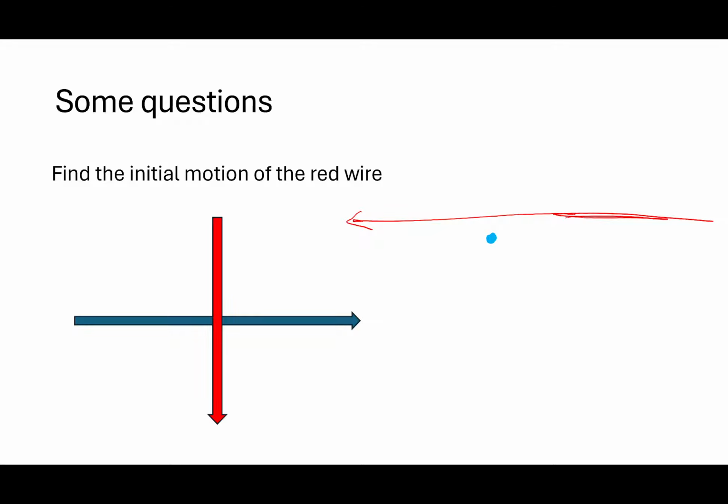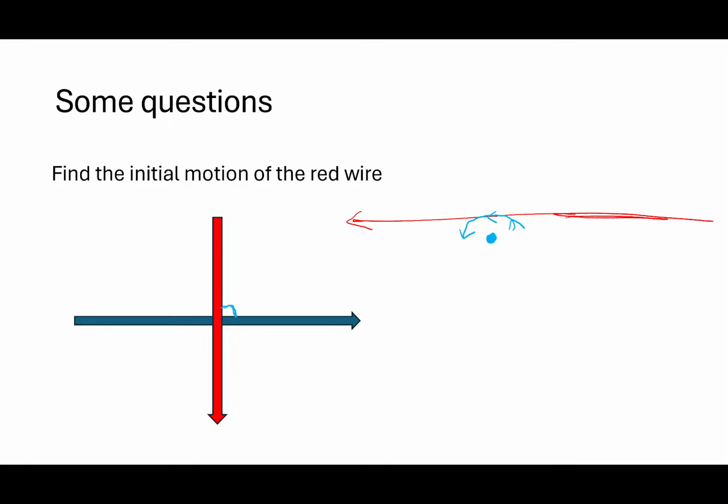I'll give another hint. With the right hand grip rule, to find the direction of the blue wire's magnetic field, we know that the blue wire will have a magnetic field like this, right? The blue wire and red wire are perpendicular to each other, at right angles.